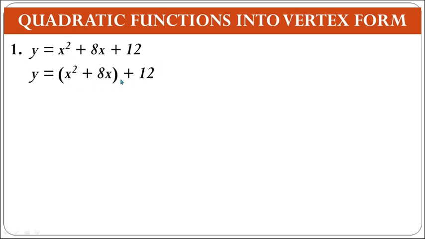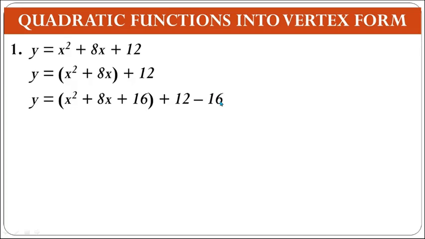Kung maalala nyo pa, yung completing the square method, yun yung gagawin natin dito. Itong dalawa naka-group and get the half of this one and square the half para maging completing the square. So, half of 8 is 4. Then, the square of 4 is 16. Then, take note, kapag ano yung inadd dito sa naka-group, yun ang ima-minus doon sa labas.